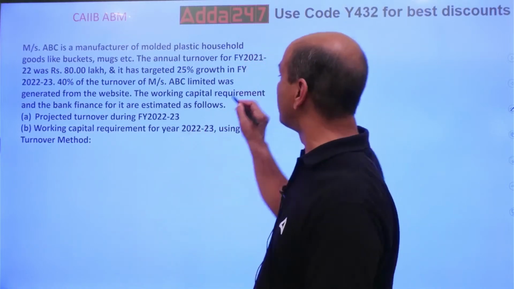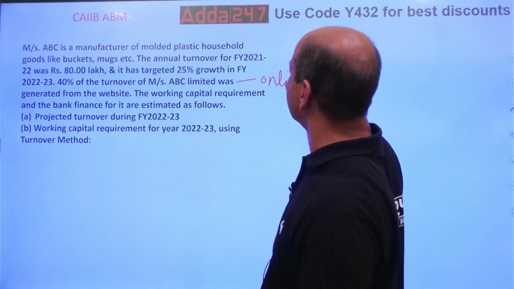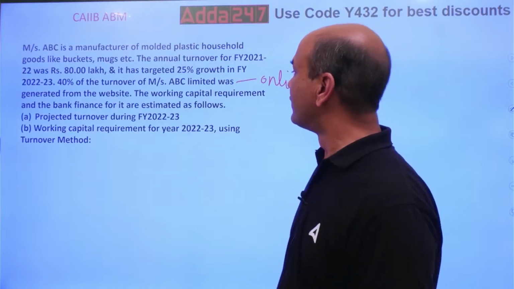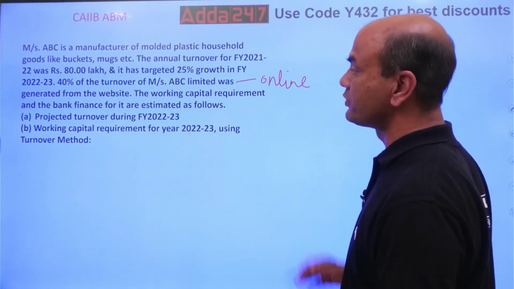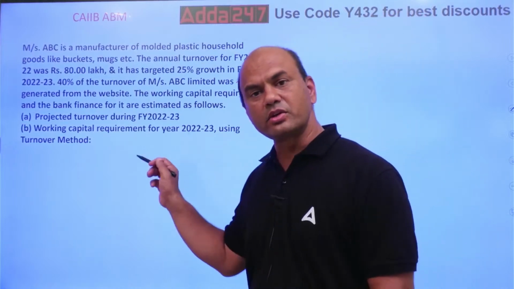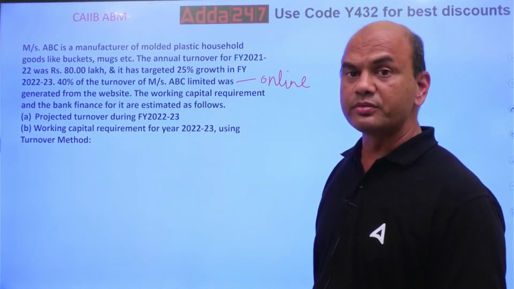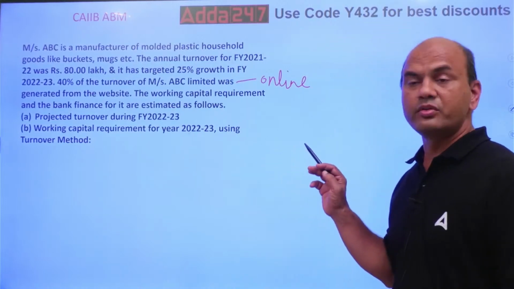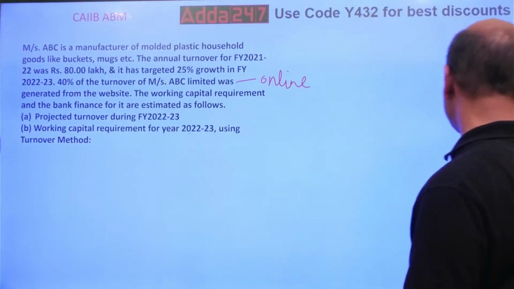So this payment is online. The working capital requirement and the bank finances for it are estimated as follows. So now this is your question. You need to first find out the projected turnover, and second is the working capital requirement.